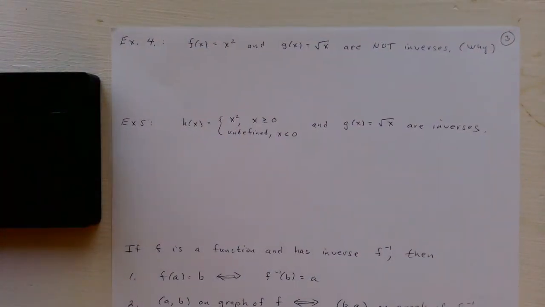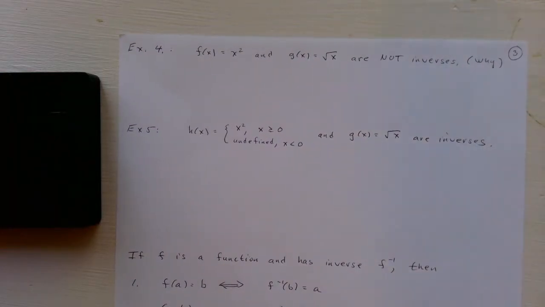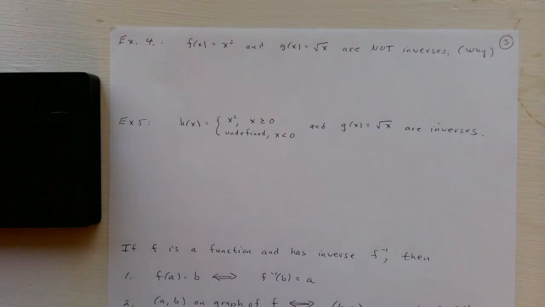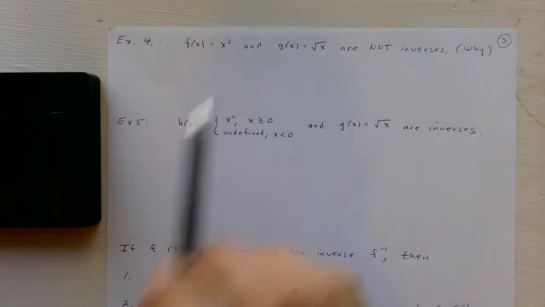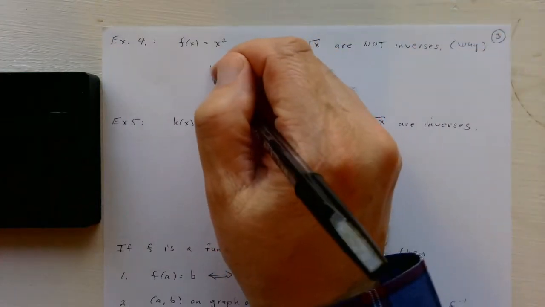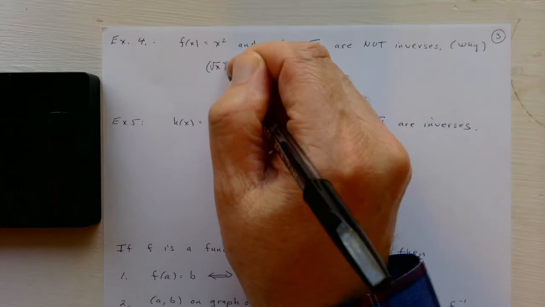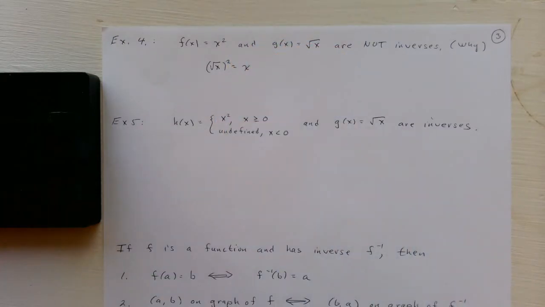So now we have an example of two functions which are not inverses, namely x squared and the square root of x. Now you might think that they are inverses because if you plug one into the other, it looks like you get x, right? Okay, you might think, isn't this true?